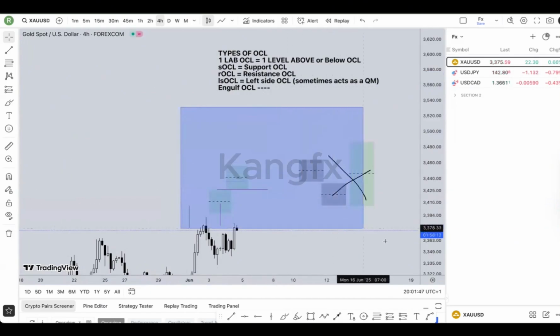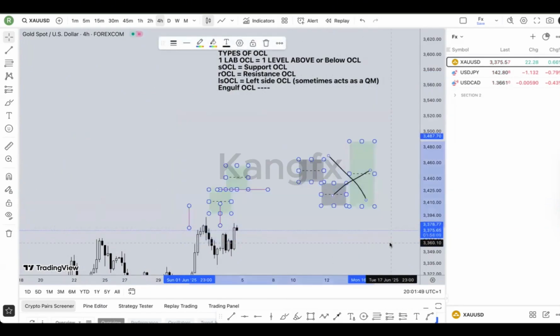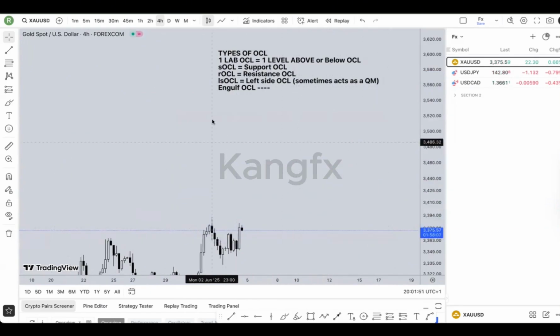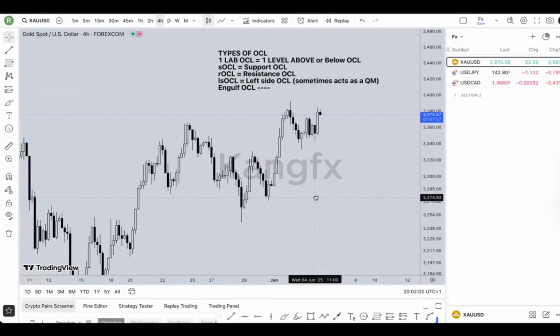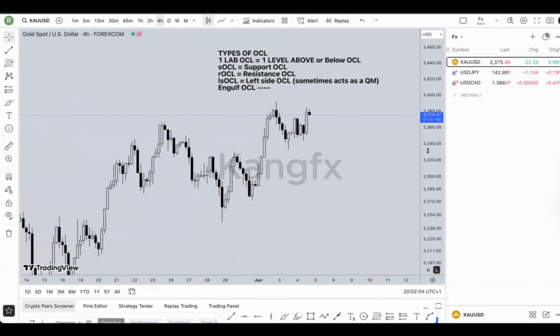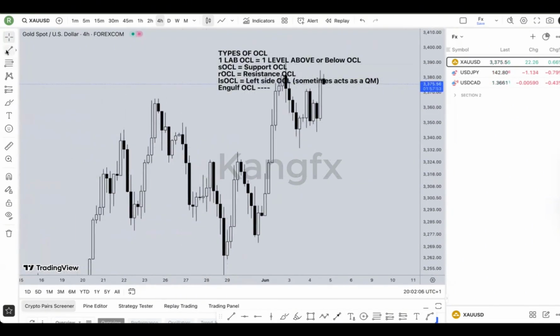We've done support and resistance OCL. The next one we're going to cover is going to be the one lap OCL now. But before that, let's see some support and resistance OCL. This is a resistance here, and this is a resistance OCL.